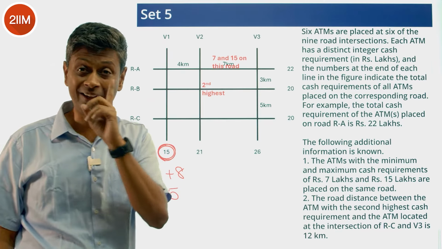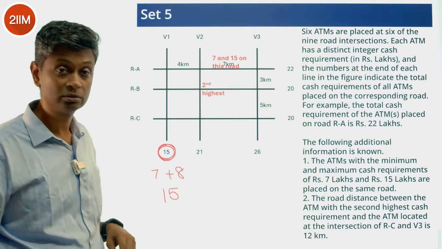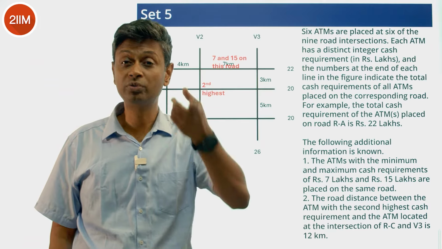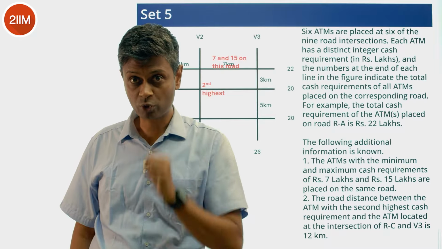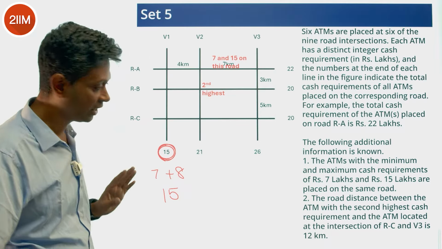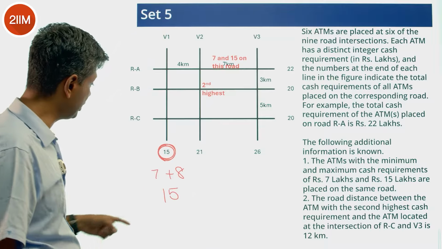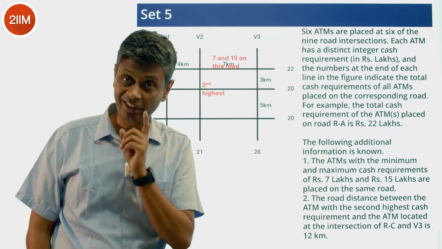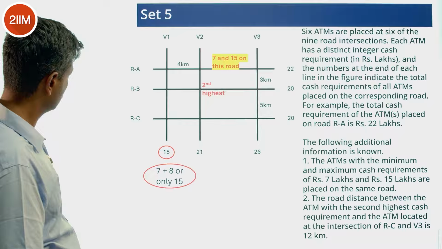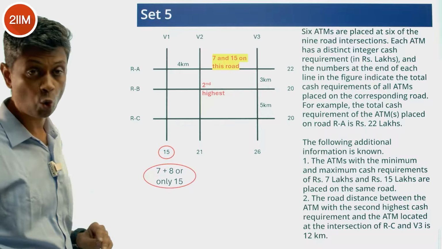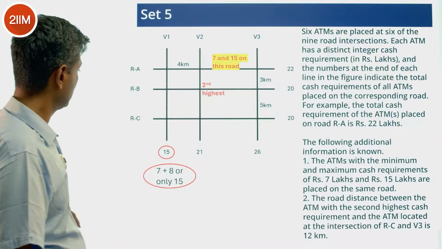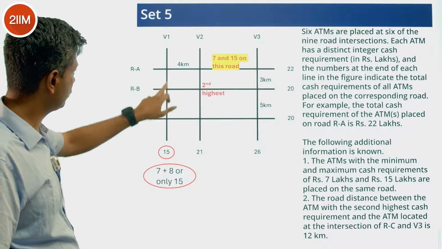So there could be only one ATM on this V1 which has a requirement of 15 lakhs, or two ATMs on V1 which have requirements of 7 and 8. Both are possible. We have to keep both of them in mind. I completely ignored this and paid the price rather heavily. 7 or 8 or only 15. If it is only 15, 15 has to be here.